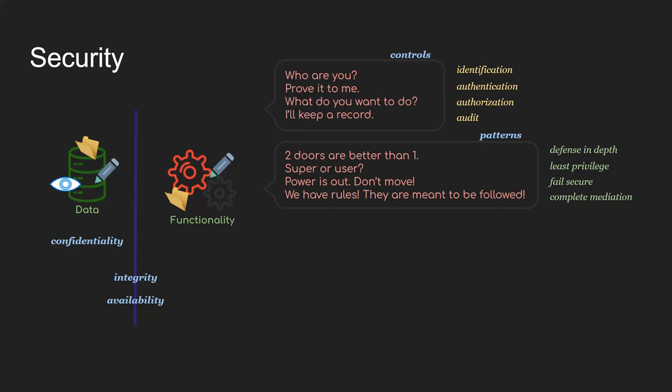You have a door and a lock, or you have a moat, and there are lots of ways this can happen, but it's critically important to have defense in depth for a number of reasons. We also want to make sure that a system runs with least privilege. This is a critical way of ensuring these security properties, and these are patterns that we're going to look for, especially during, say, a threat modeling activity.